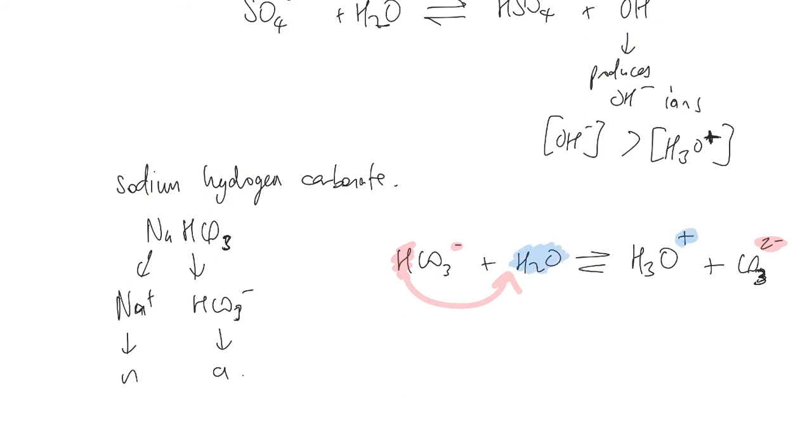That's how you differentiate conjugate acid and base pairs as well: they've got a difference in charge of 1. And what's the last thing you have to say? It produces H3O plus, and therefore the H3O plus ion concentration is greater than the OH minus ion concentration. Okay? Right?